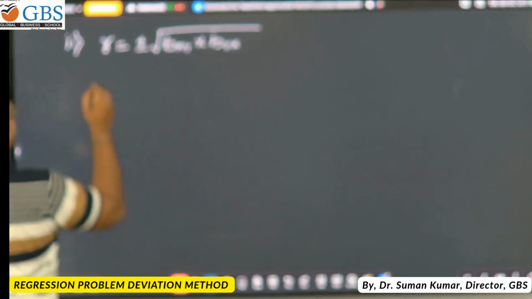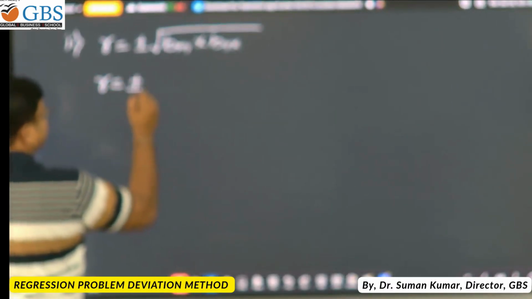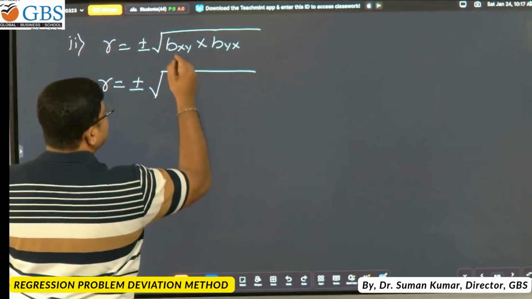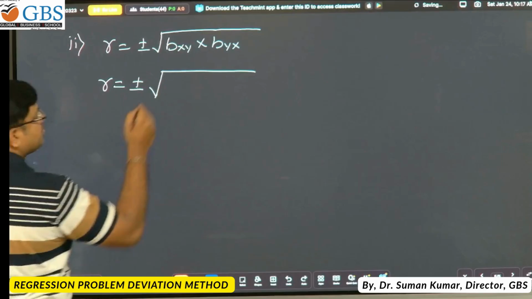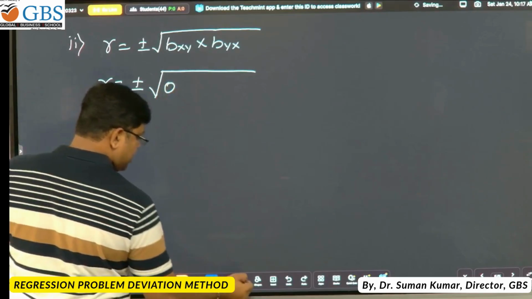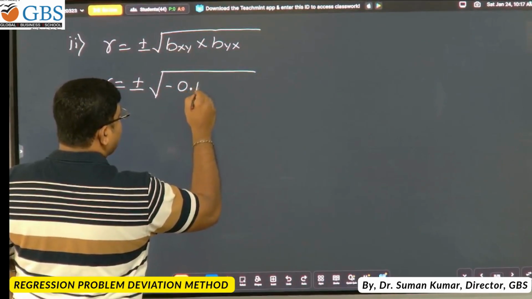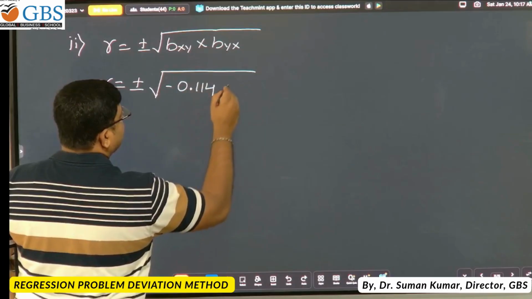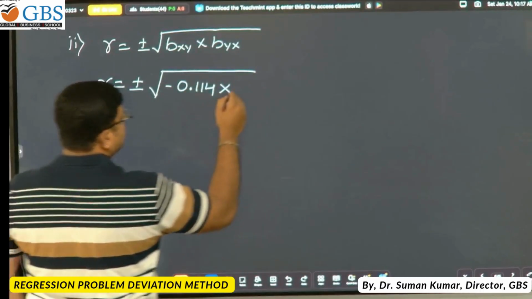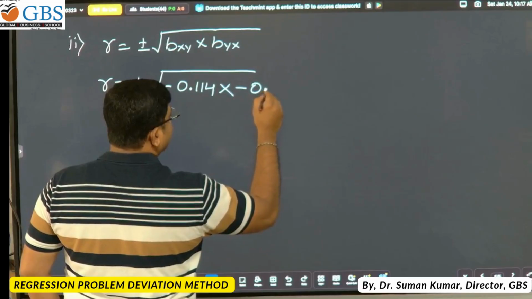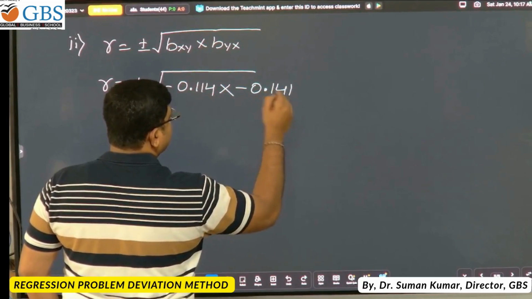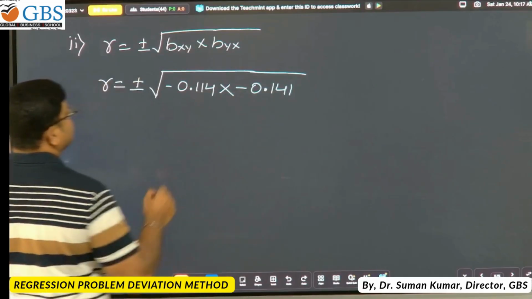Okay. Now r is equal to plus or minus square root of bxy value, minus 0.114 into minus 0.141, minus into minus is plus.